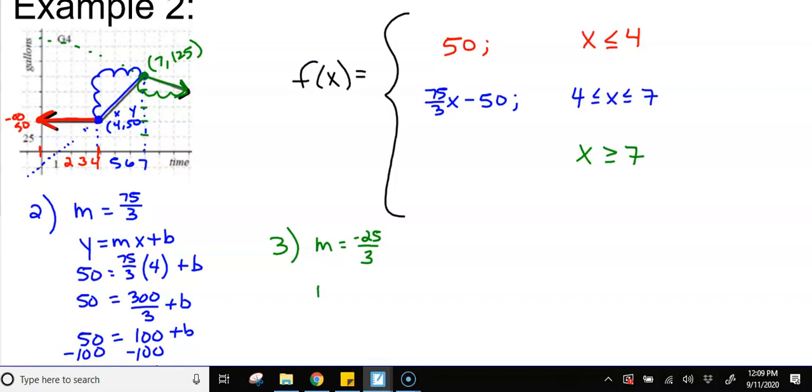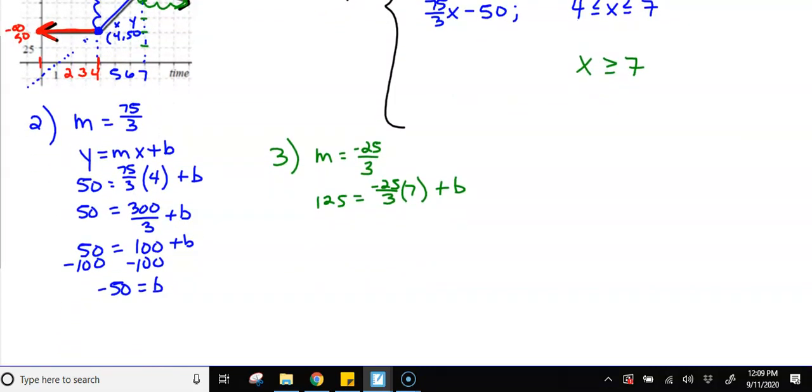So 125 equals negative 25 over 3 times 7 plus b. And that's kind of nasty. 125 equals, let's see, 25 times 8 would give us 200, so it's negative 175 over 3 plus b.